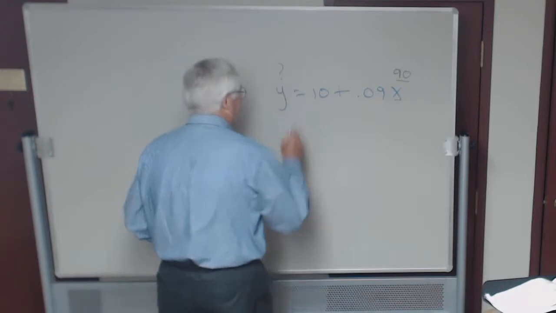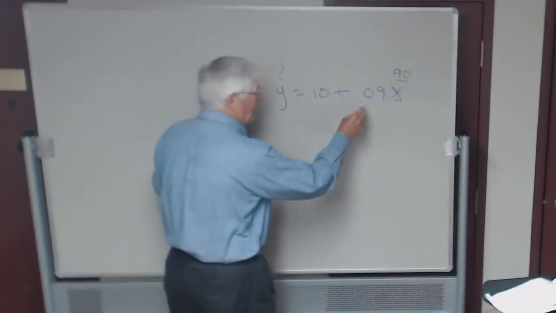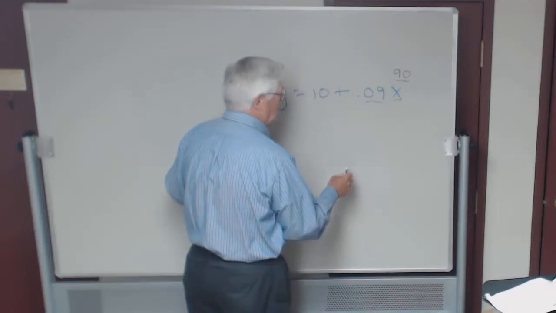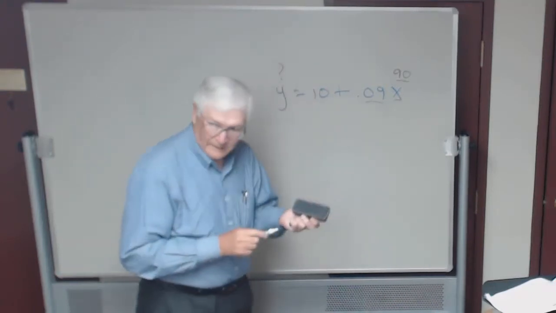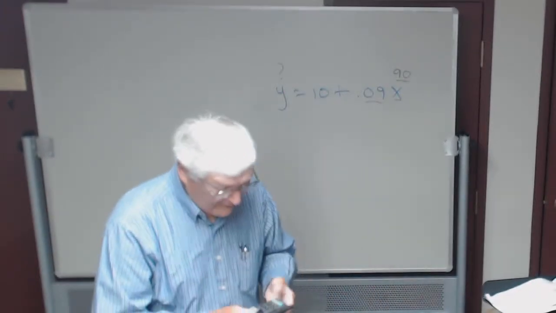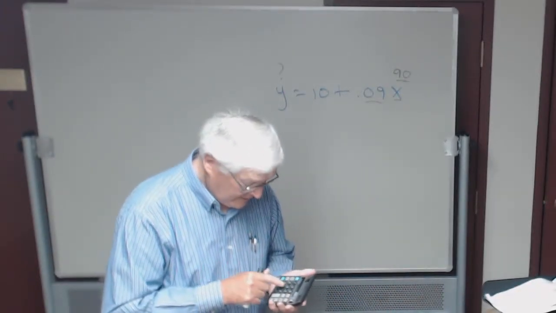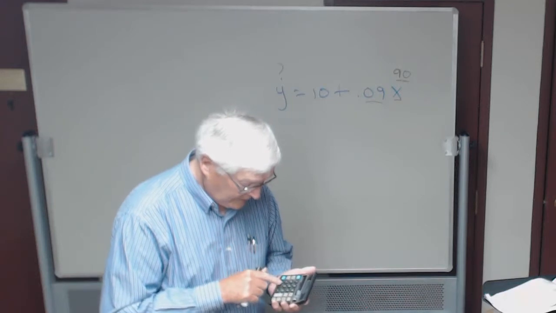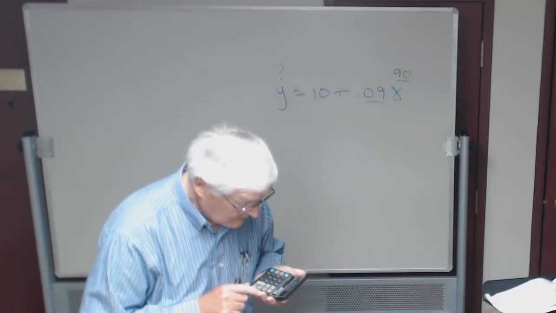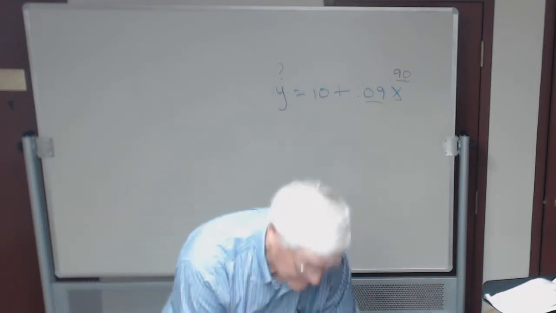Which is this. What would that be? What's 0.09 times 90? Calculators? 90 times 0.09 equals, what's it say?